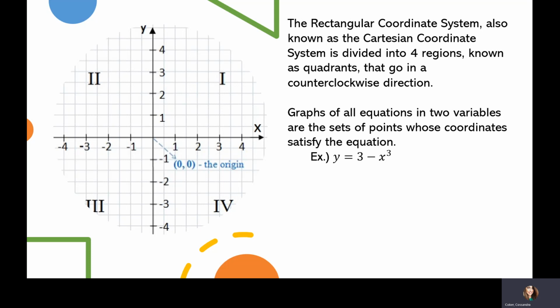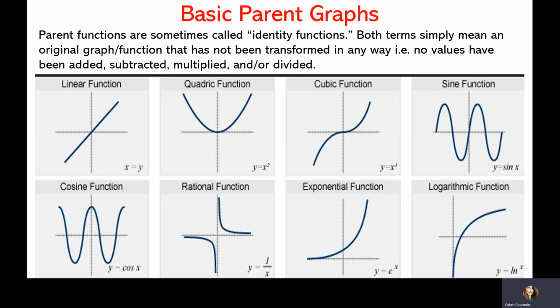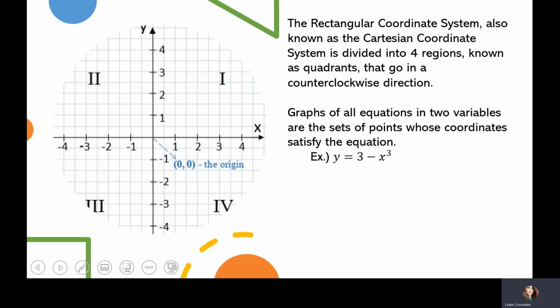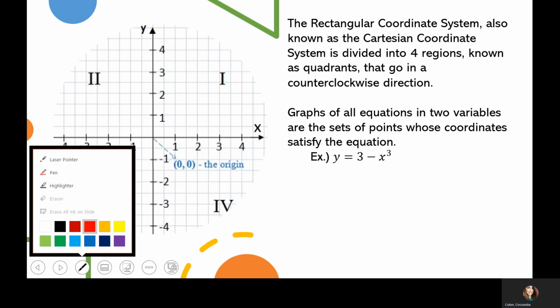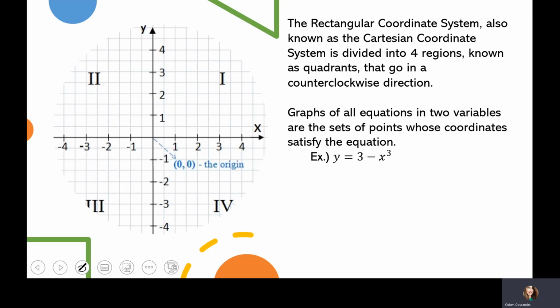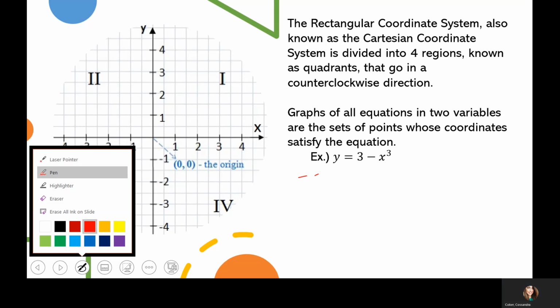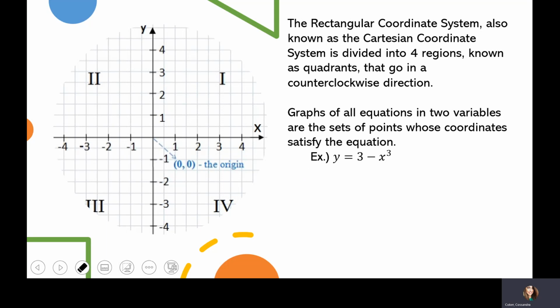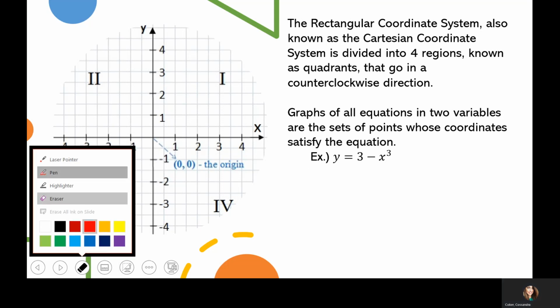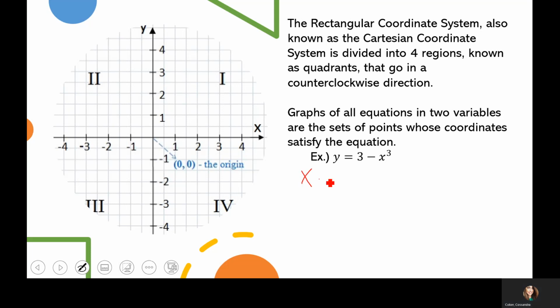So let's take an x. For example, let's take -1. All right, so we're going to let x be -1. And just simply plug in, so you have y equals 3 minus -1 cubed.